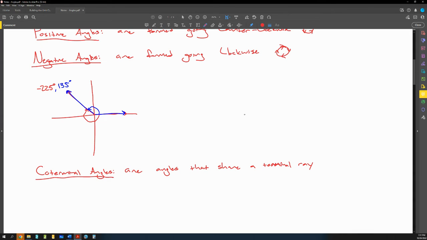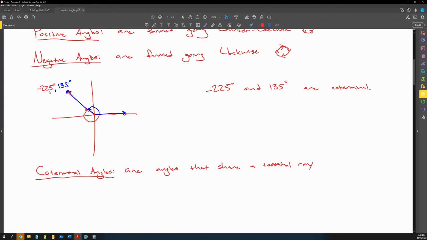So we can say, I'll go ahead and write this out, negative 225 and positive 135 degrees are coterminal, meaning their terminal ray is in the same spot. Okay? So if we wanted to find this, you might notice the relationship between negative 225 and 135. Notice that if we were to combine these two, they form one full circle, right?